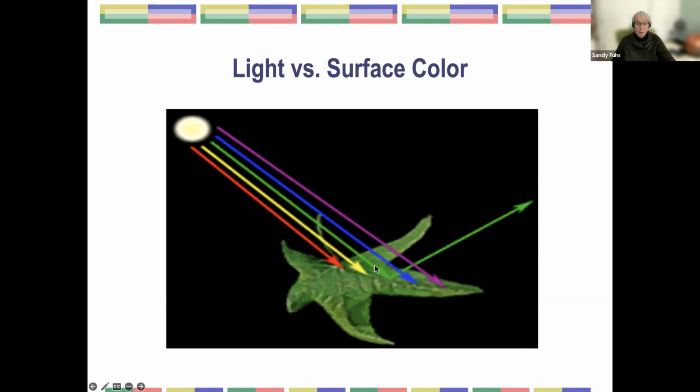It absorbed those. The only one that reflected off was green. So whatever this substance is made of, this leaf, it reflects green light. That's why we see this as green. It's kind of a weird thing to think of, that it's because it's absorbing all the other light that it doesn't look that way.